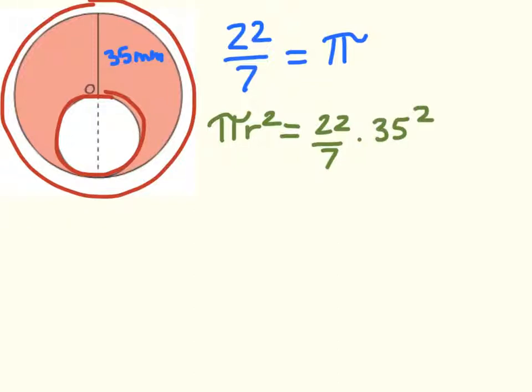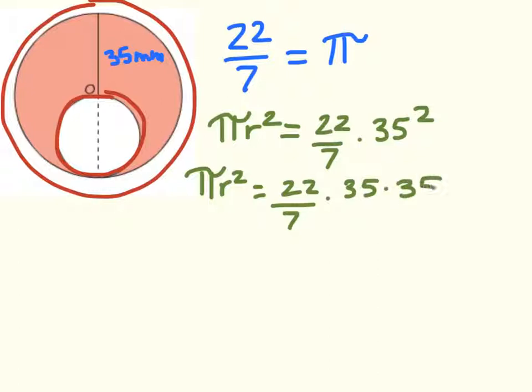Okay? There are two different ways that you could think about doing this. You can either first square 35, then multiply by 22 and divide by 7, or you know how much I love cross-reducing. I'm going to rewrite it so that I can cross-reduce. So pi r squared is equal to 22 over 7 times 35 times 35.